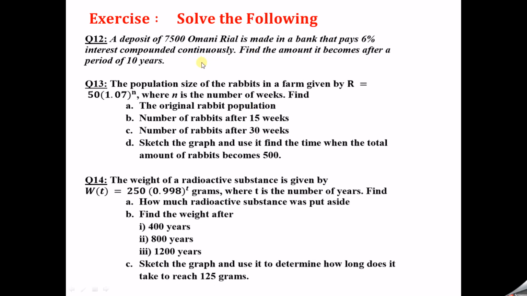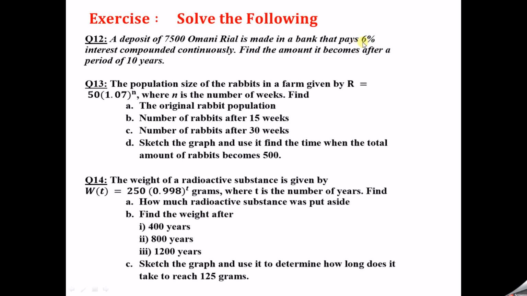Here there are three problems in the exercise. You can try to do them similarly. The first problem is about compound interest. The amount invested initially is 7,500 and the rate of interest is 6%.